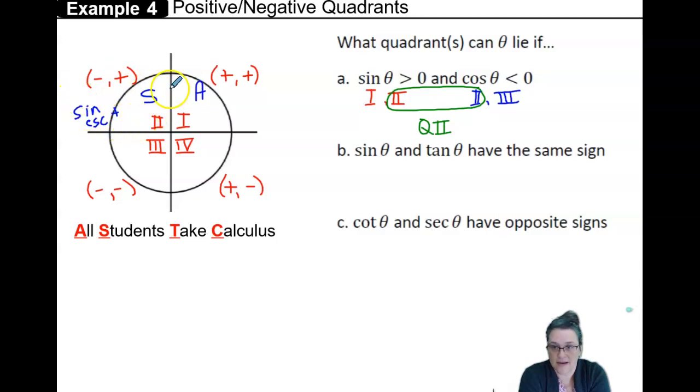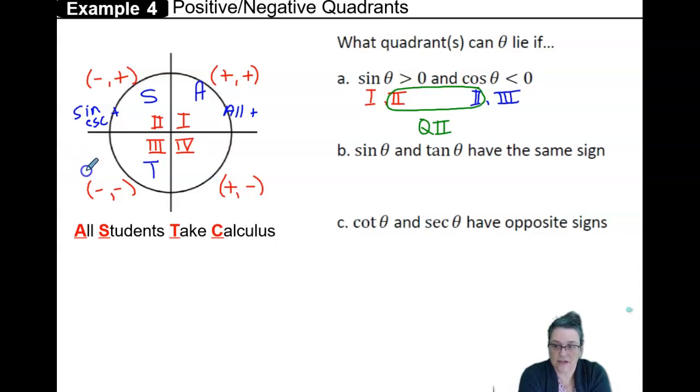Everything else is negative. So all are positive in quadrant 1. Sine and its reciprocal are positive in quadrant 2. The T is quadrant 3, and T stands for tangent.